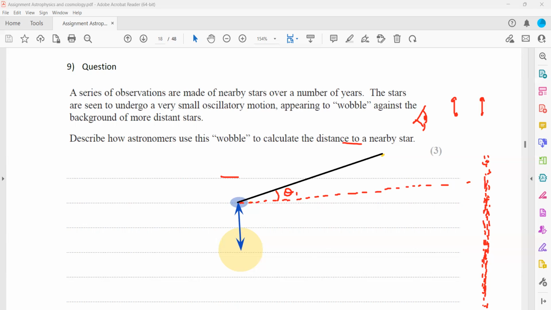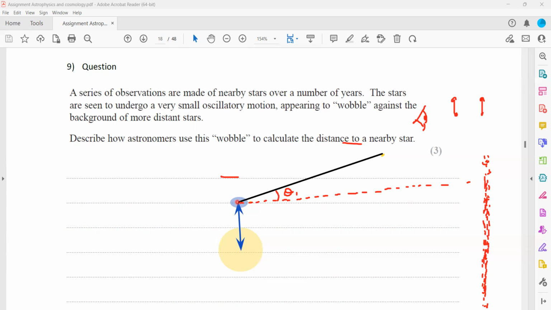Now, after 6 months, the position of Earth will change. Say after 6 months we are here. The motion is around the Sun in this way.